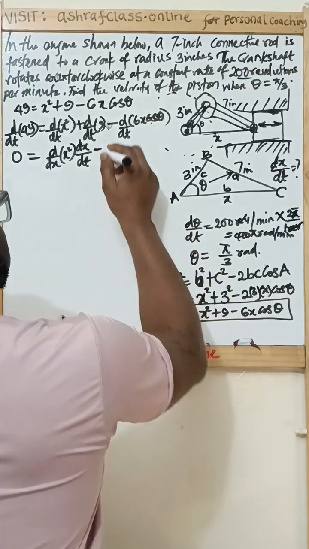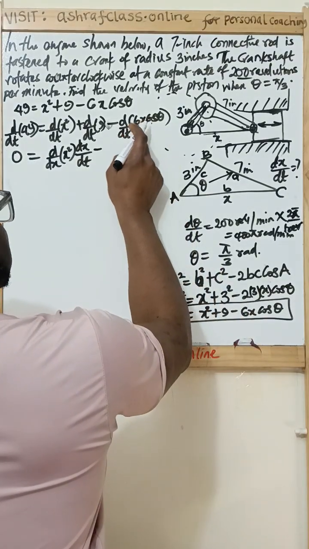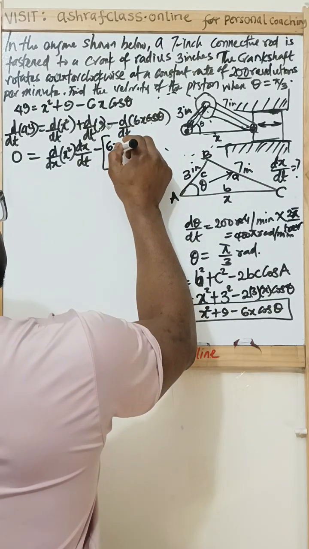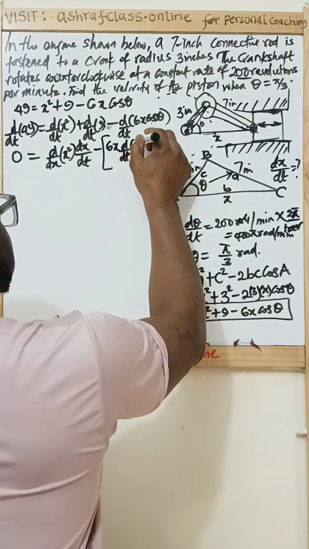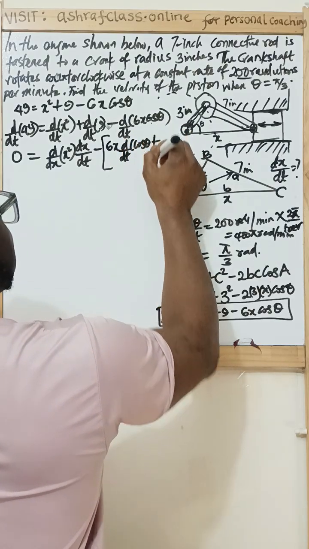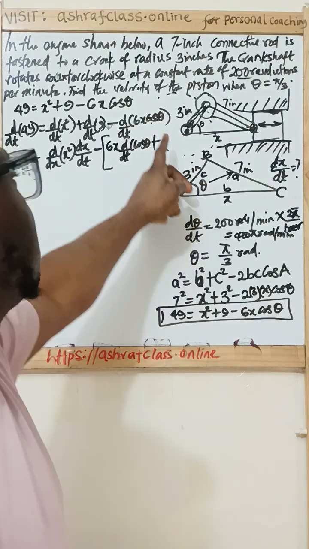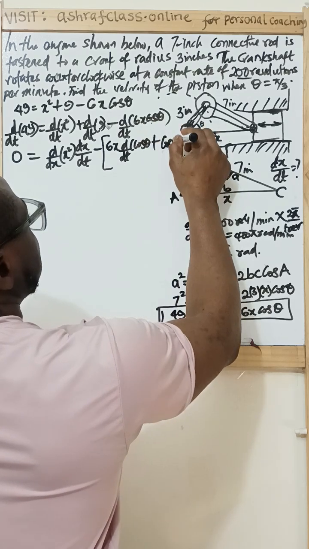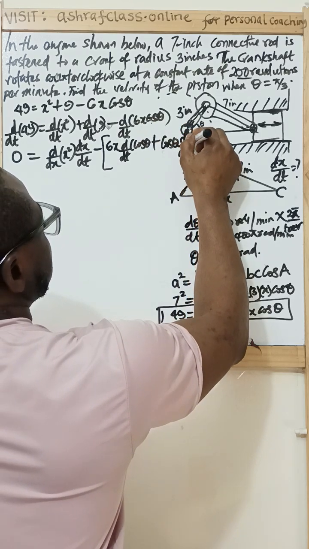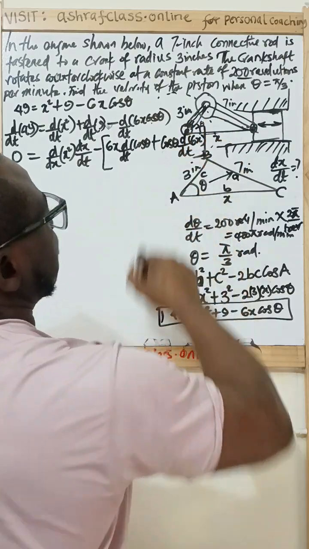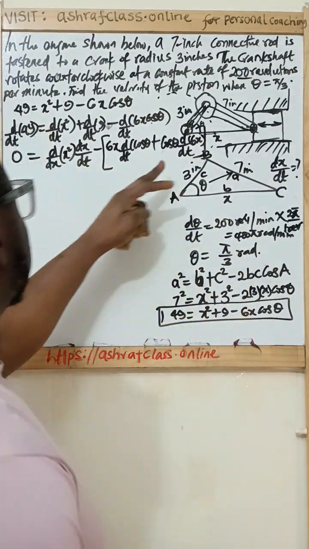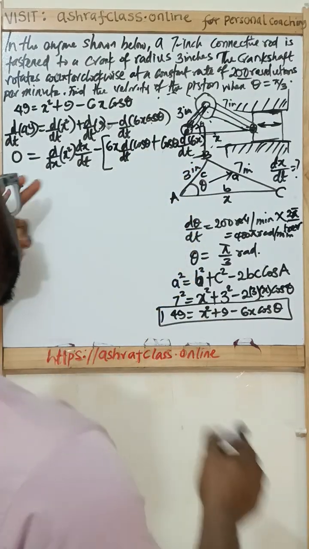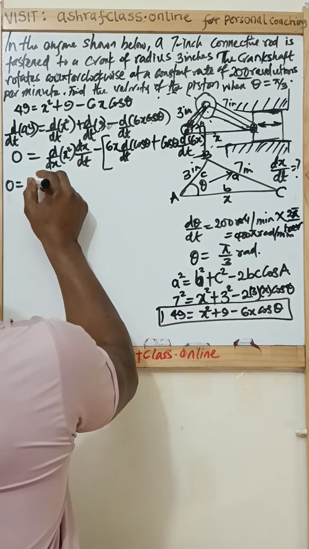You keep 6x and differentiate cos theta, then keep cos theta and differentiate 6x. Next we expand this bracket, then differentiate this, which gives 2x dx/dt.